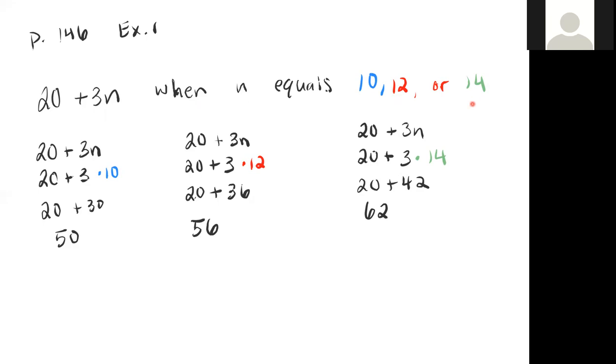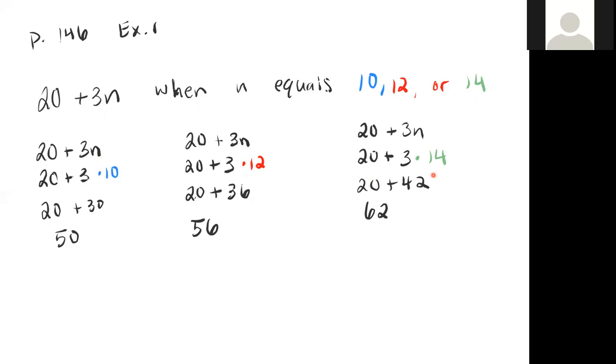So we can see here I substituted 10 for n. I plugged in 10 for that variable. Remember, this dot here also represents multiplication, so we don't get confused with the variable. Then we plugged in 12 and we plugged in 14.